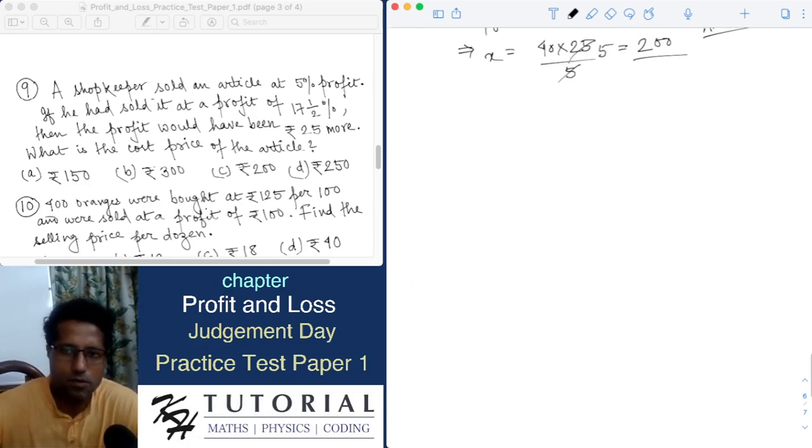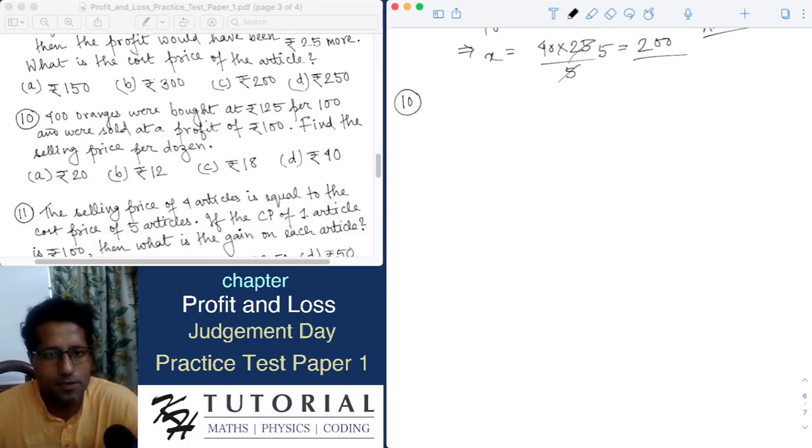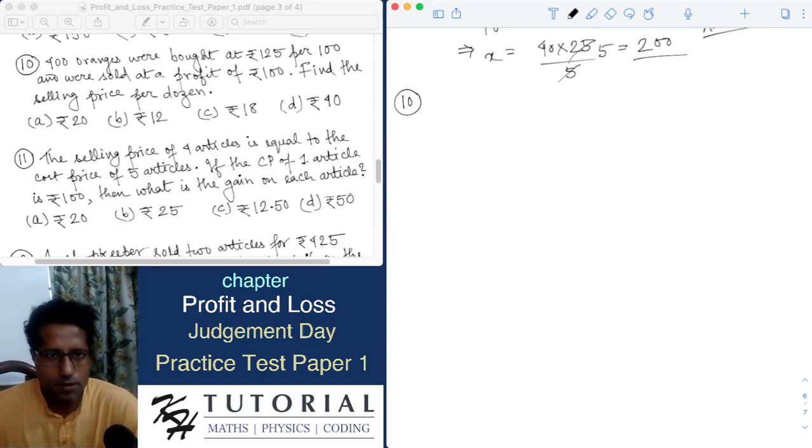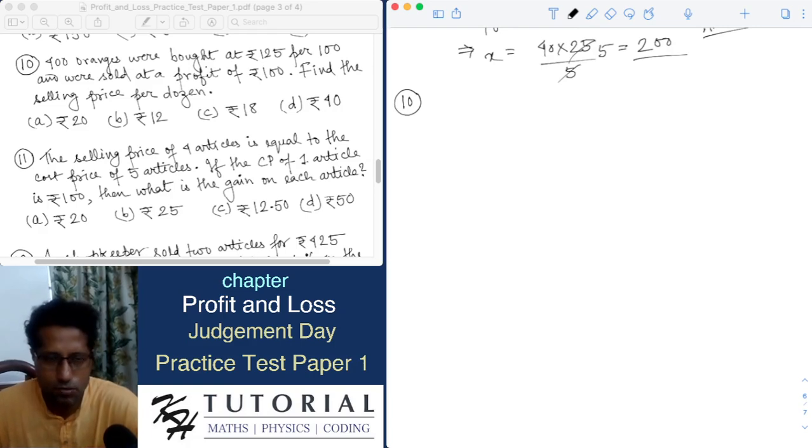Okay, let's solve question number 10. It says that 400 oranges were bought at rupees 125 per 100 and were sold at a profit of rupees 100. Rupees 100 was the total profit.